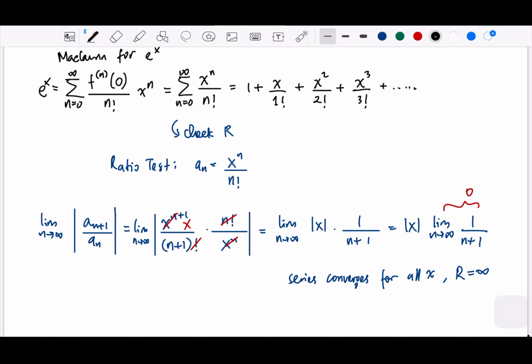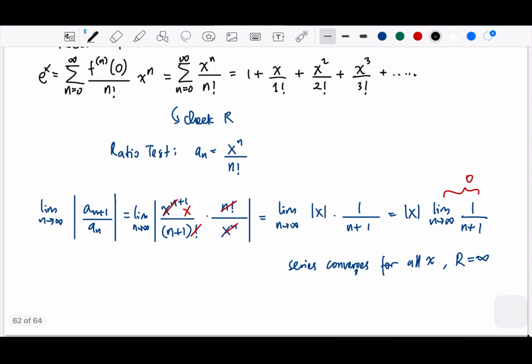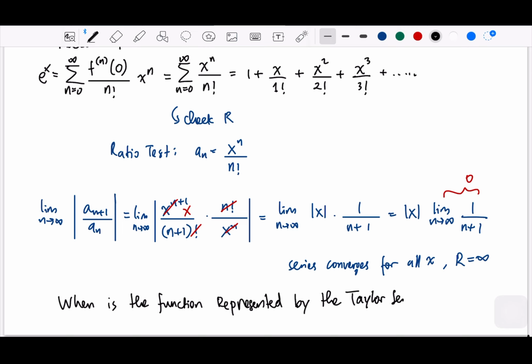So that's the next question: when is the function represented by the Taylor series? We are going to take some samples, and then maybe see the graphs, how close that is.